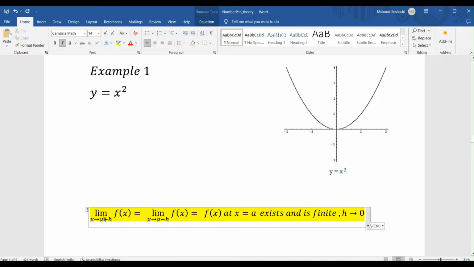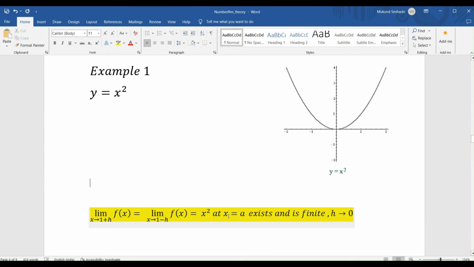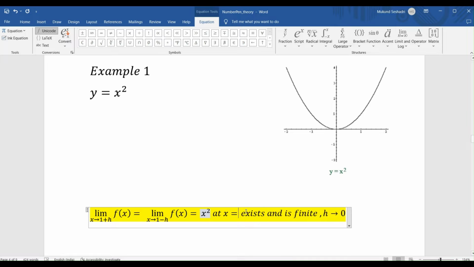I'm going to replace this. My A here is 1 and my H is 0, and my f of x at x equals a is nothing but my x square. So let me pull out x square, right? So x equals 0.